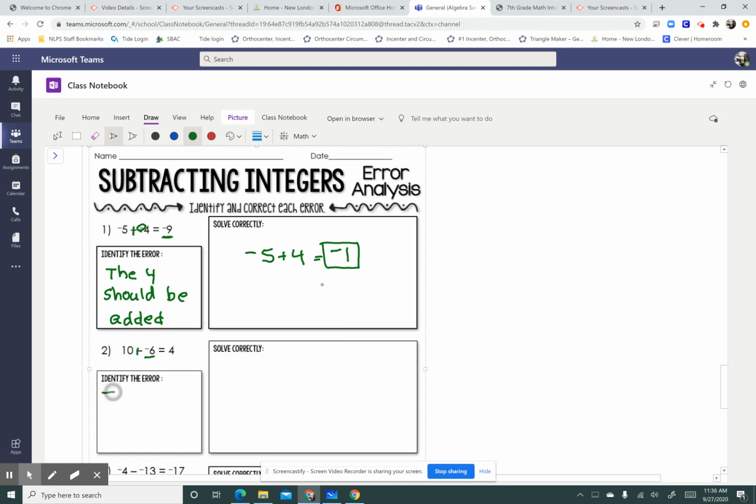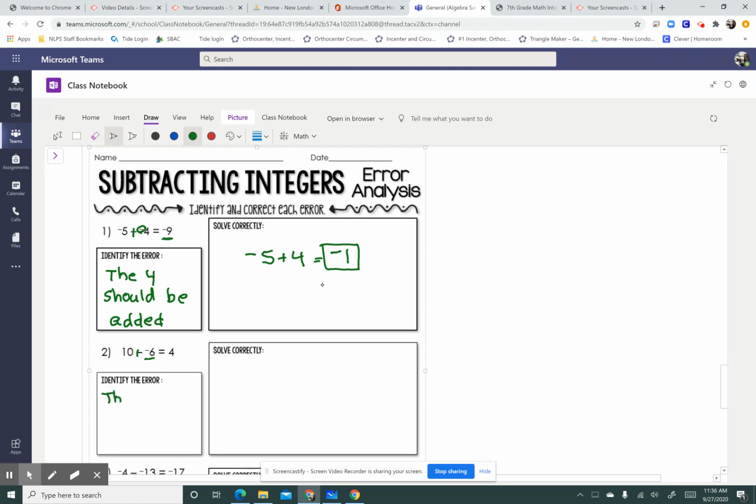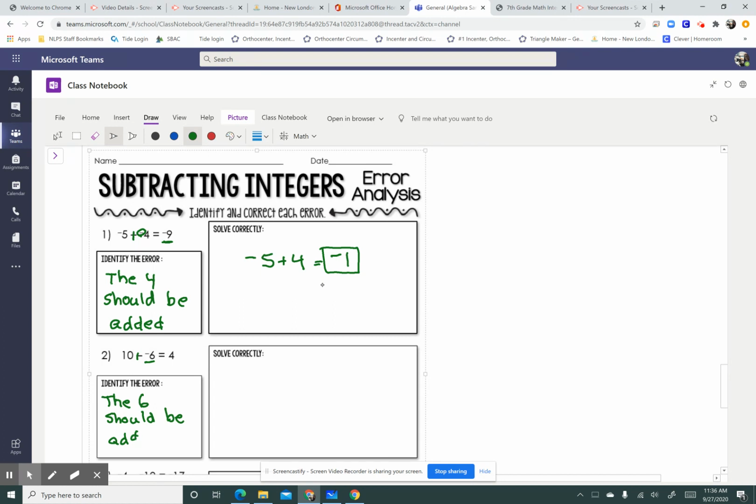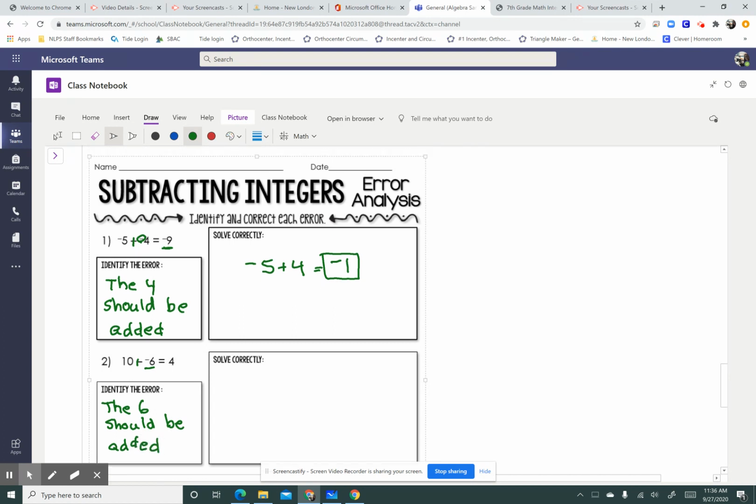So we should say the 6 should be added. And correctly written, it would be 10 plus 6 equals 16.